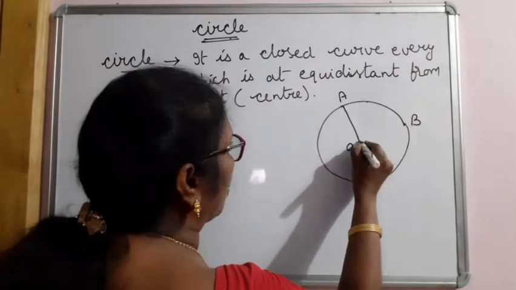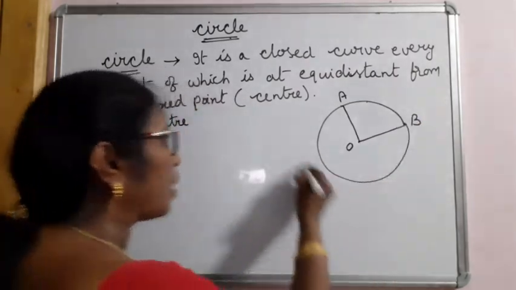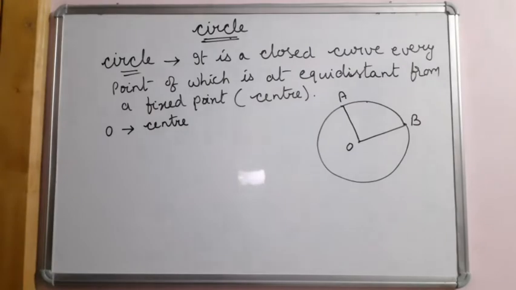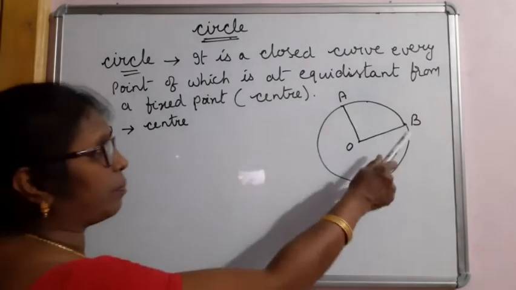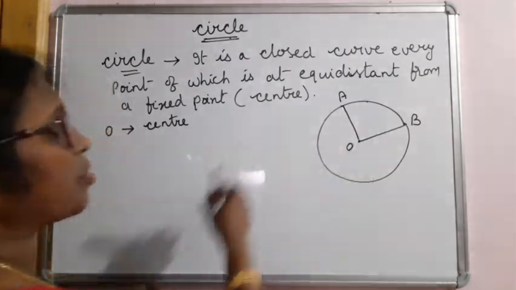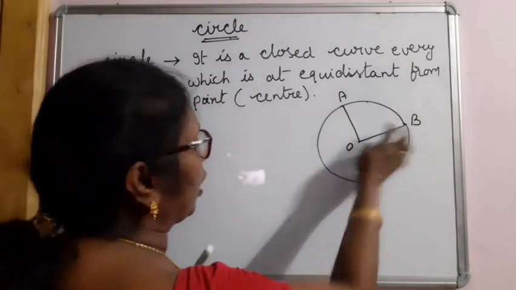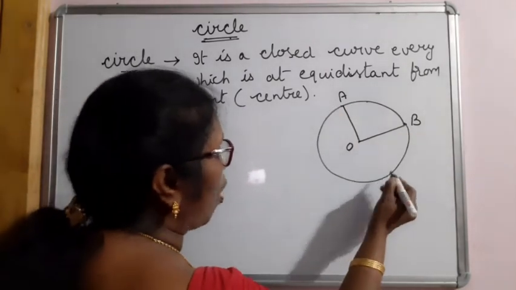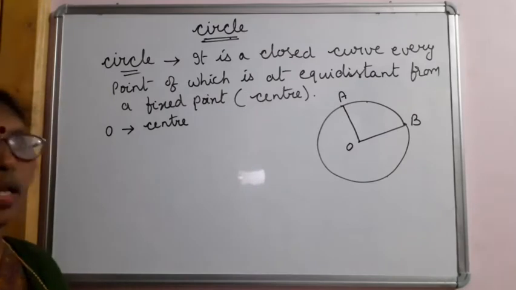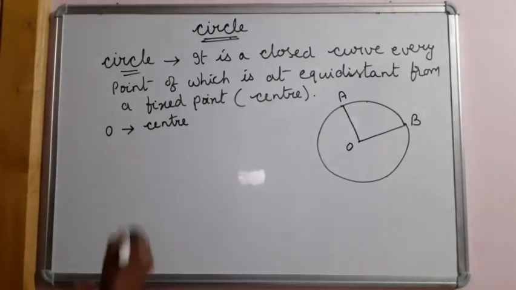When we join OA or OB or any other point if you take on the circle and if you join them, they are equidistant. That means OA is equal to OB. If we take one more point C, also OC, all these are equal to each other.